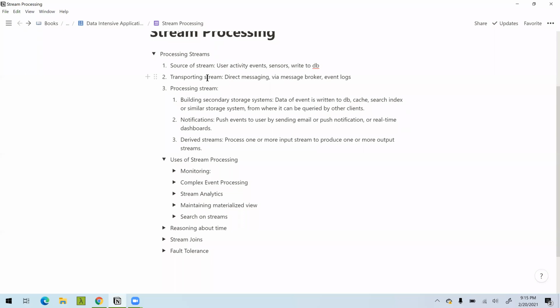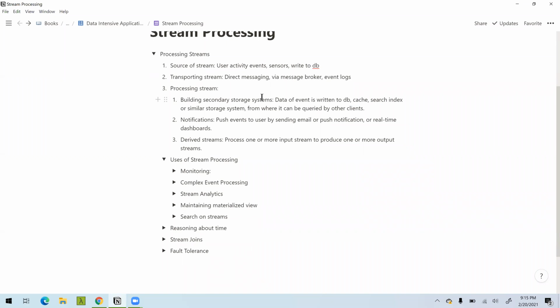So basically, I had a primary source of data. From that primary source of data, whenever any update was made to that data, I created the events, and those events are propagated to the secondary storage system, right? So that's the case when we process the stream to update our secondary storage system.